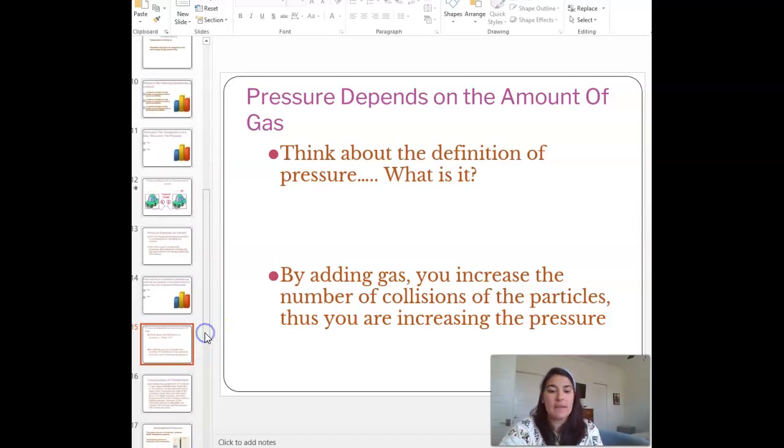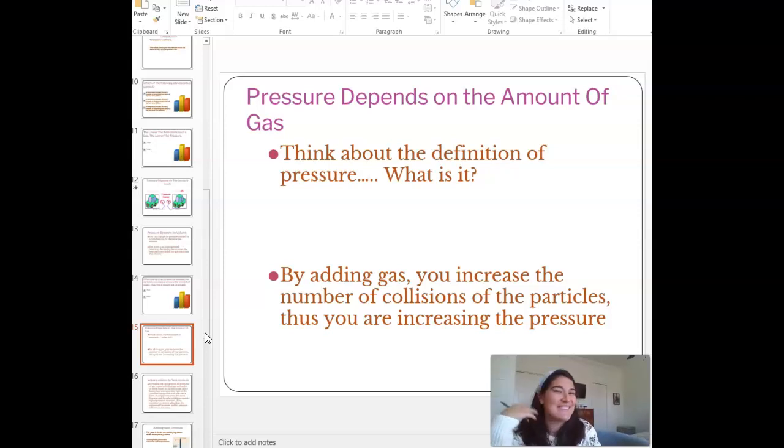So again, if you think about it, when you get a low tire pressure light, often people will swing by the gas station and add gas to their tires, right? Or if you have a soccer ball that is slightly deflated, you're going to pump it up. What you are doing is adding gas.